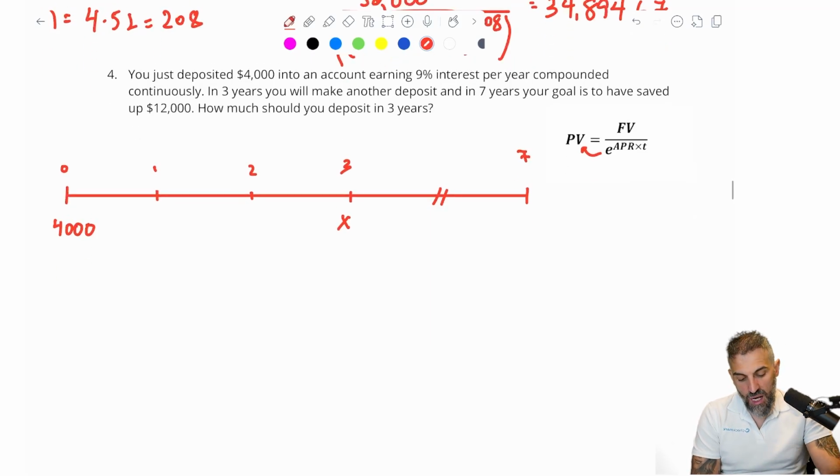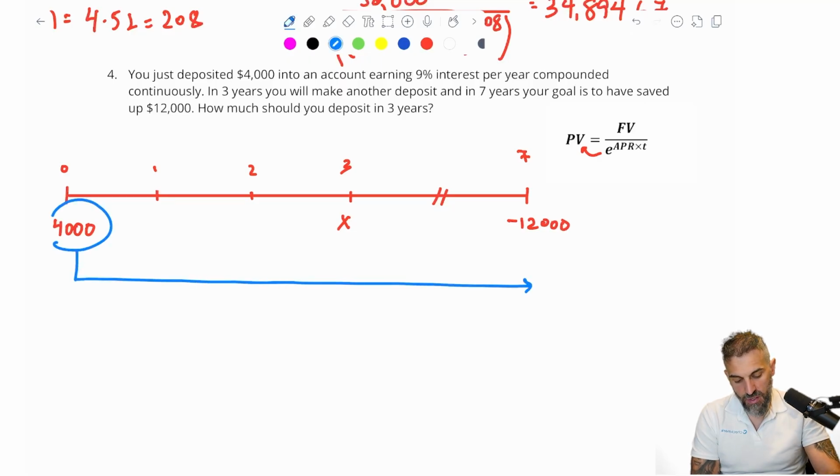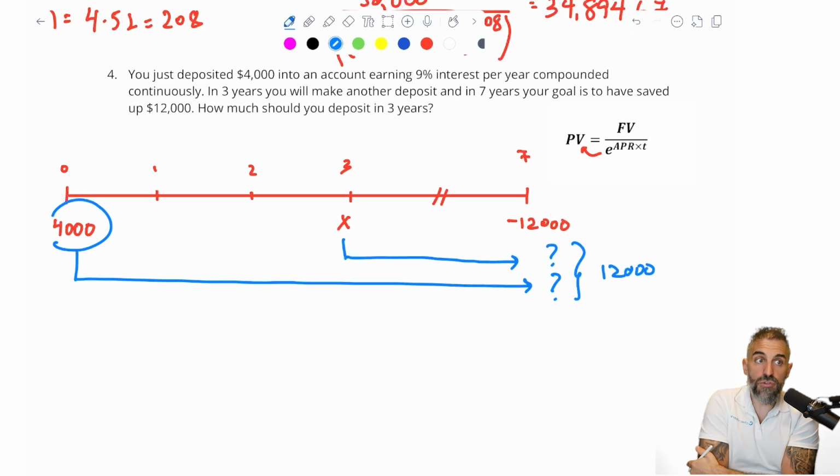Meaning, I need this amount to grow into something, and this amount that I'm going to deposit to grow into something, and that has to equal $12,000. So they're essentially telling you guys exactly what to do. The future value of $4,000 plus the future value of whatever this is has to equal 12,000. What is X?